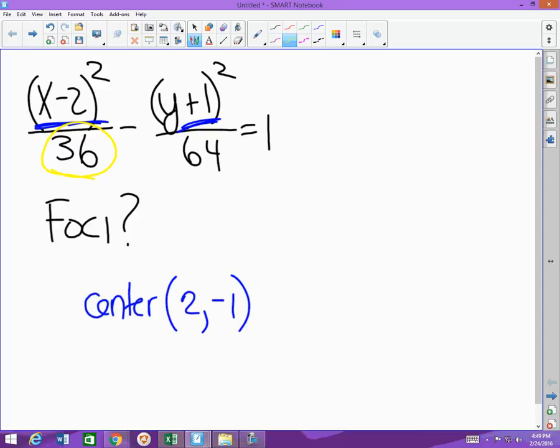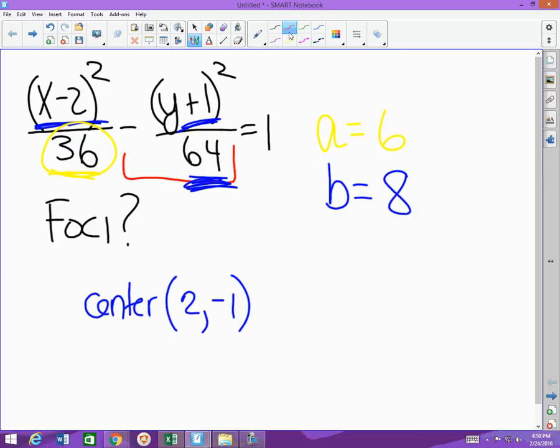This is the negative part here. So a is equal to 6, because it's the square root of that. B then is equal to the square root of that, which is 8.